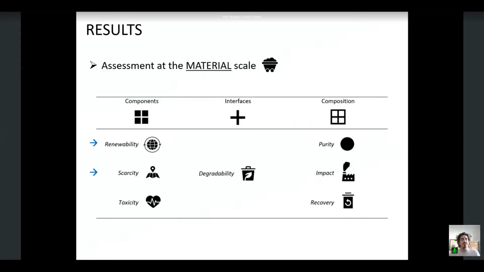So first, earth is a non-renewable resource, or at least not rapidly renewable, but it is abundant and the components are often locally available. Second, raw earth proves to be a non-toxic, degradable, pure, and low-impact building material.